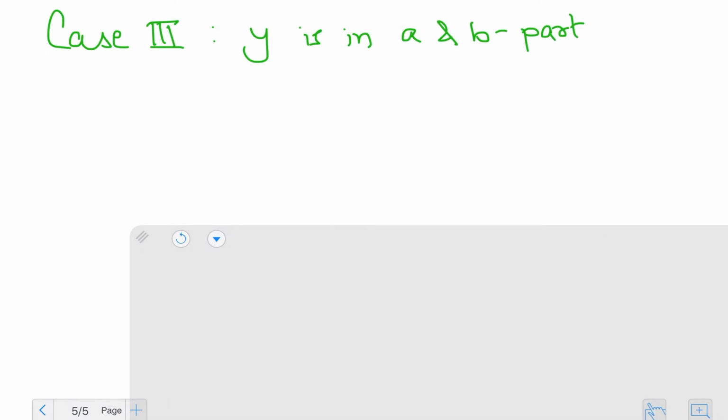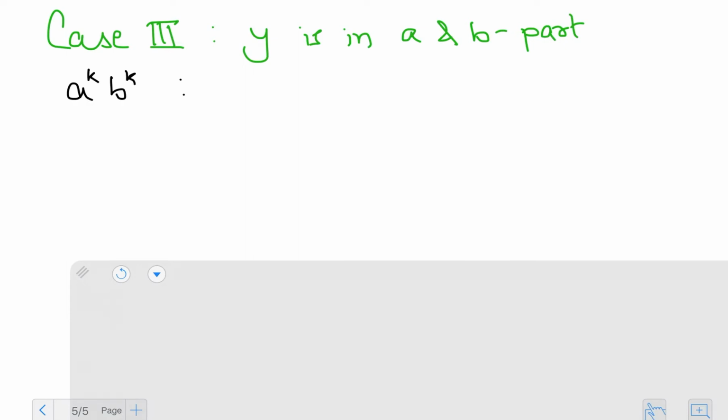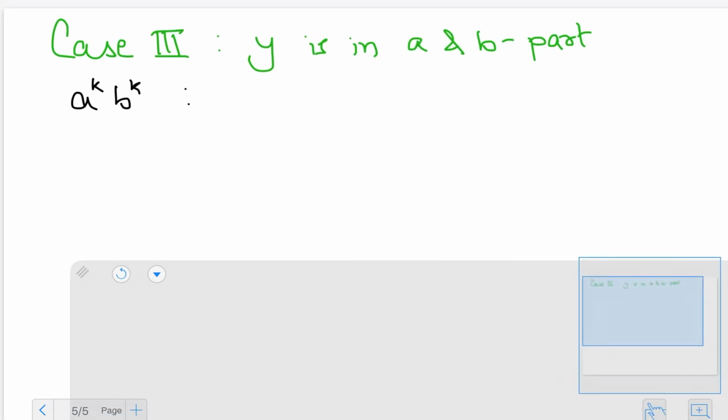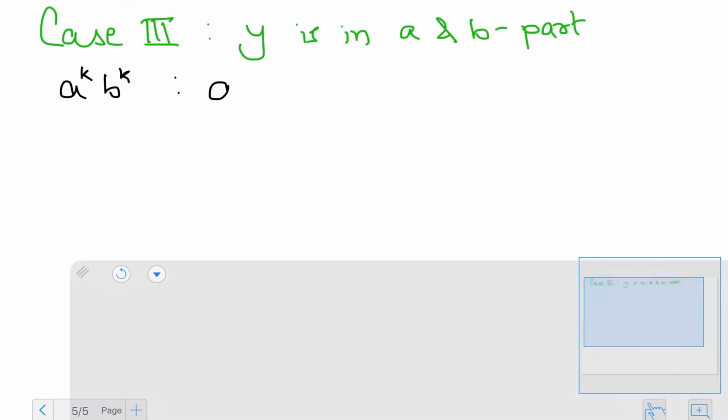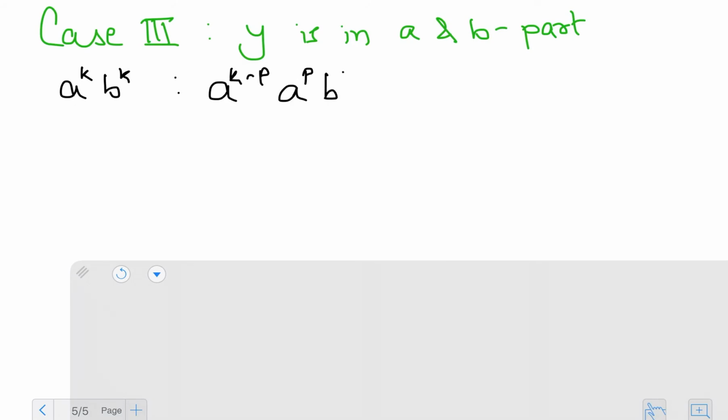That's because my string is a to the power k, b to the power k. I write this as a to the power k minus p, followed by a to the power p, b to the power q, followed by b to the power k minus q. So this is my x, this is my y, and this is my z.